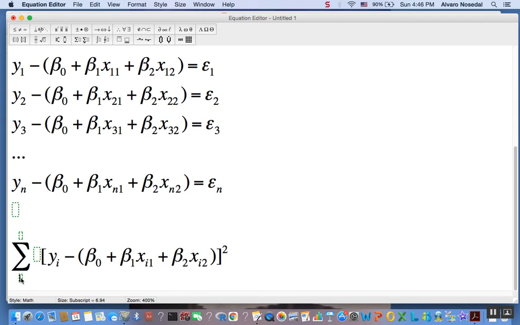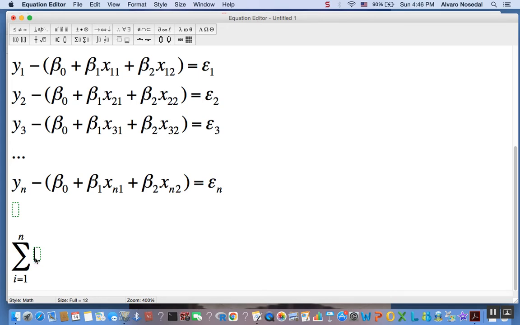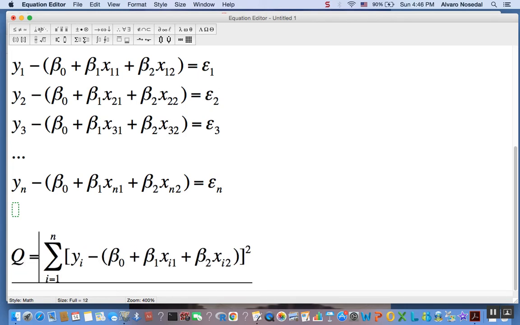So we did that for every single observation in our data set. Okay? I think that when we talked about this, we called this guy a function Q. So we wanted to minimize Q with respect to beta 0 and beta 1 back then when we talked about simple linear regression.